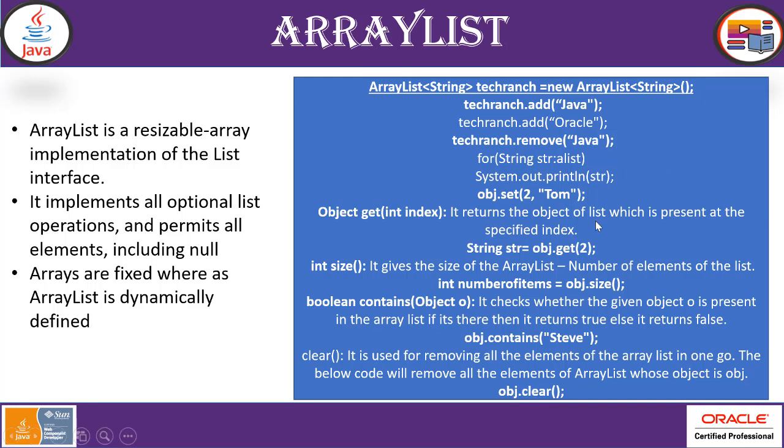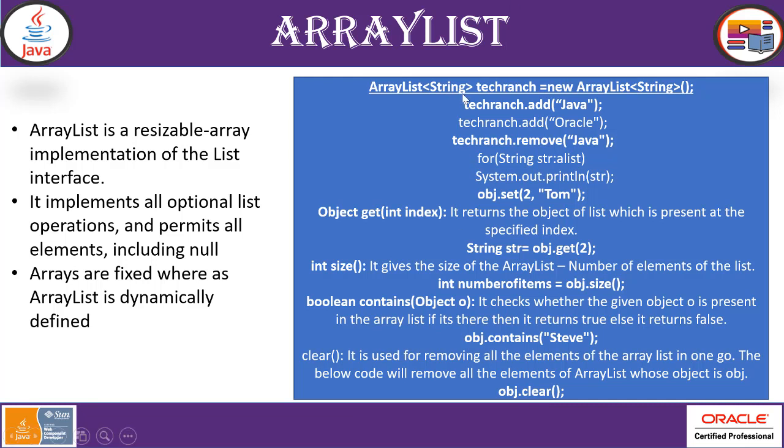Now let's take a look at an example of ArrayList. The ArrayList declaration is like this: ArrayList, the class name, and then the generic form we have seen in our regular course sessions. This is called a generic definition.